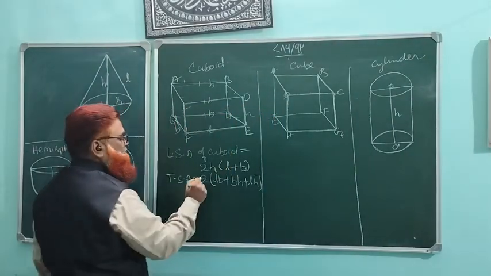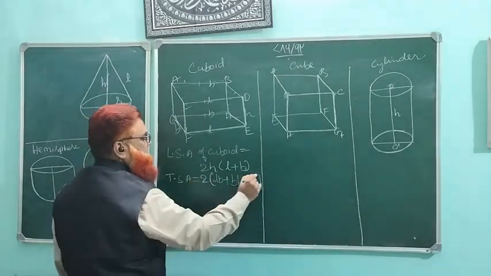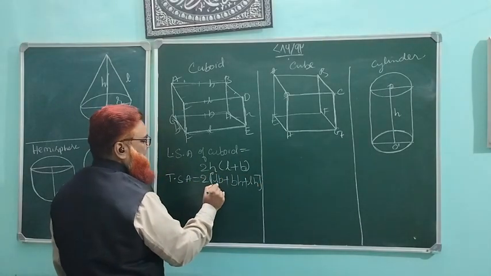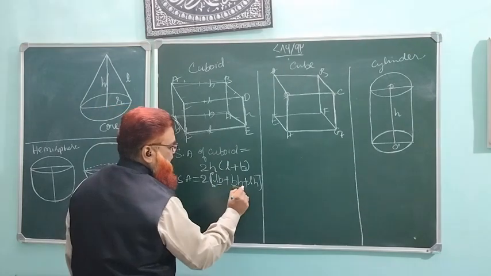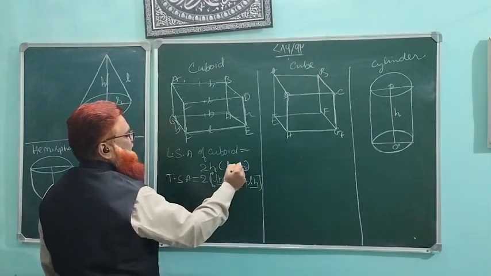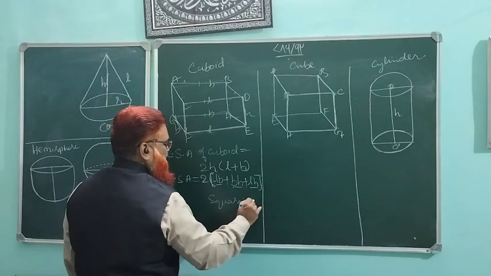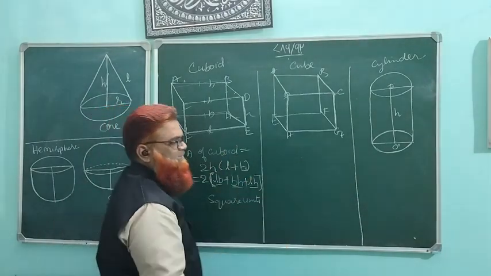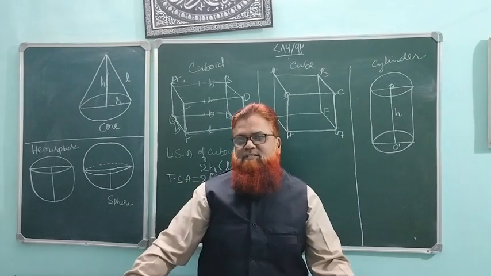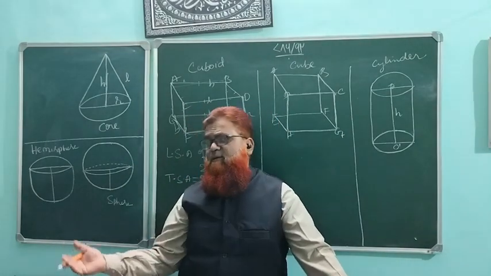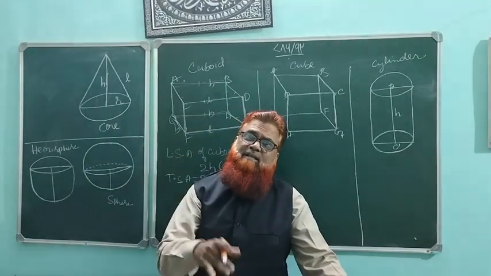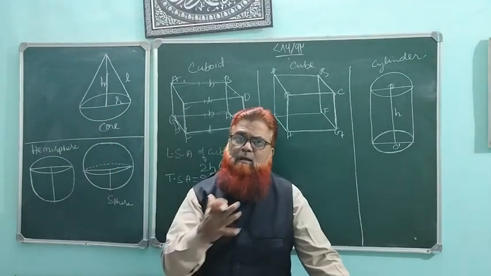In that way, we calculate the total surface area as 2 into bracket LB plus BH plus LH. The unit is square unit for both. If it is centimeter, square centimeter. If it is inch, square inch. If it is feet, square feet. If it is meter, square meter, and so on.